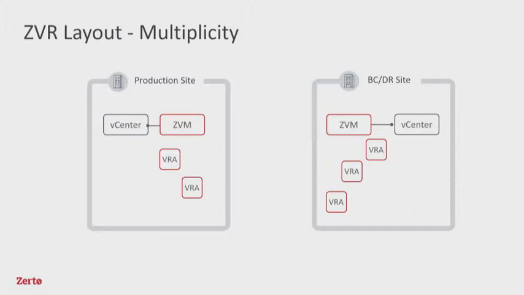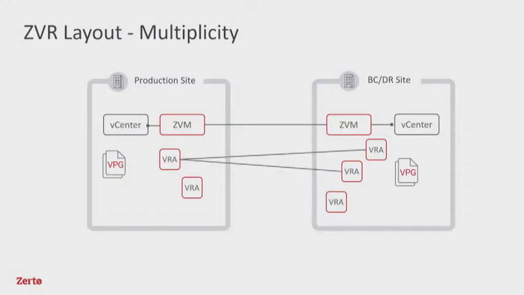So there is flexibility, and that is related to your configuration of the protection groups. As we configure the protection groups more and more, connections appear between the VRAs of the two sites, and through these connections we replicate the data that is being changed and protected by the ZVM and the ZVR.